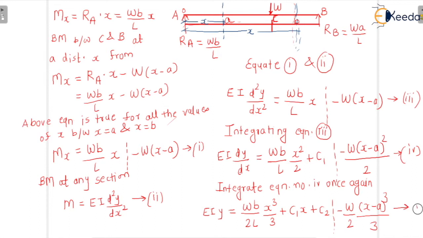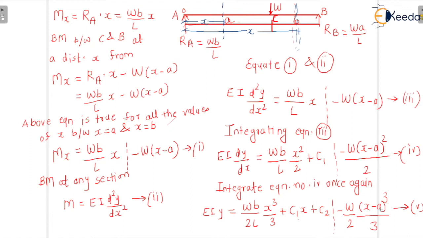Now this is equation number 5, and C2 here is a constant of integration. The constant is written after C1x, so we have written all constants on one side only.